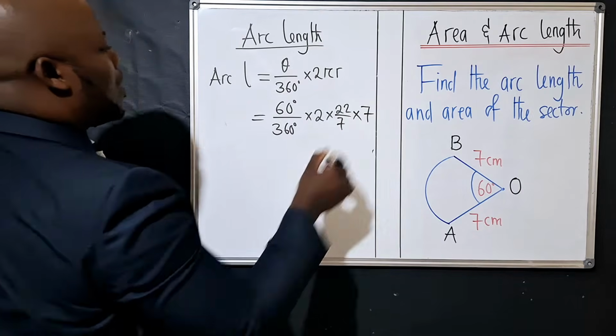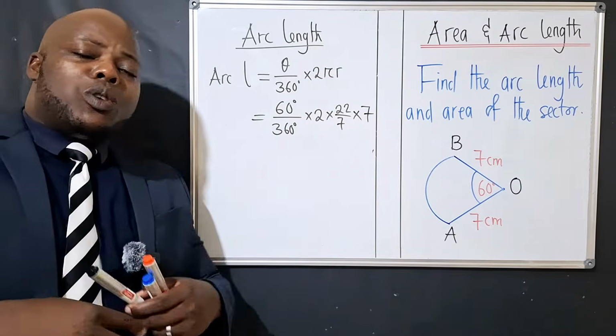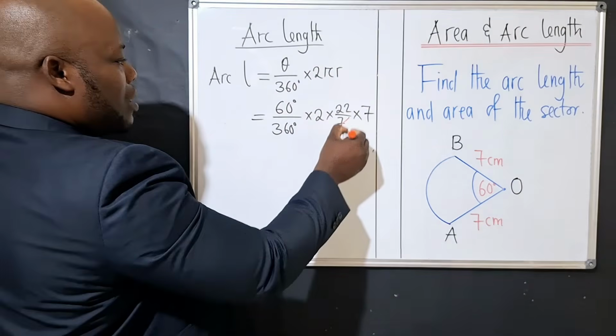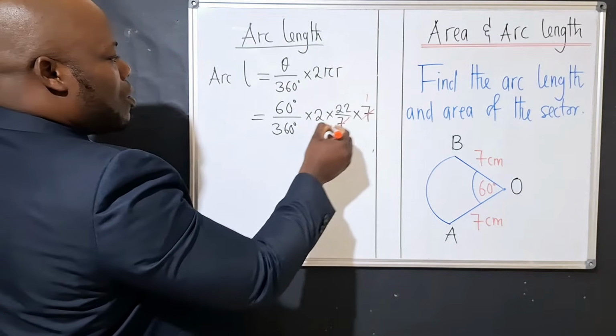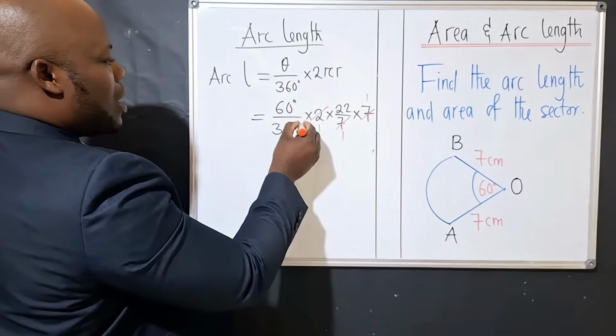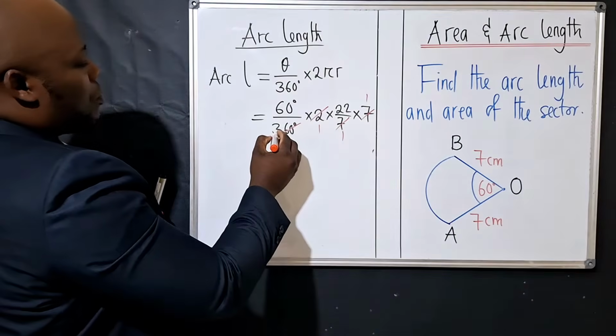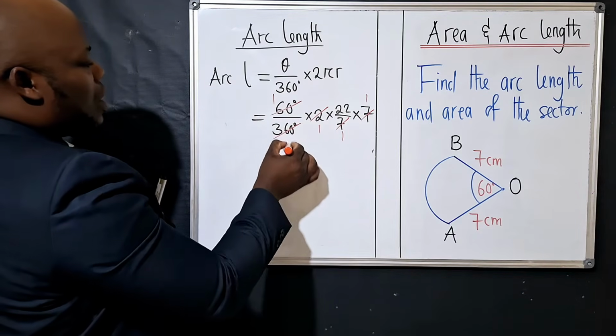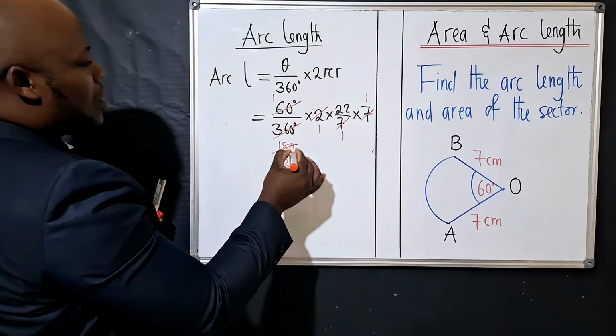the radius, which is 7. So now we start doing our mathematics. 7 into 7 is 1, 7 into 7 is 1, 2 into 2 is 1, 60 into 360 is 6... 180 there is 1, and this is a 3.